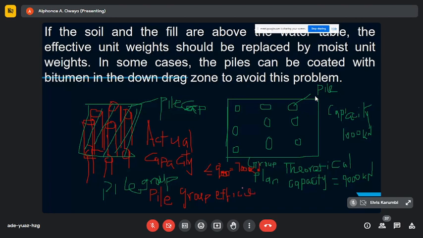I'm trying my best because it's quite difficult to write here, because I'm using just a mouse to write. Efficiency would be 7,000 over 9,000.